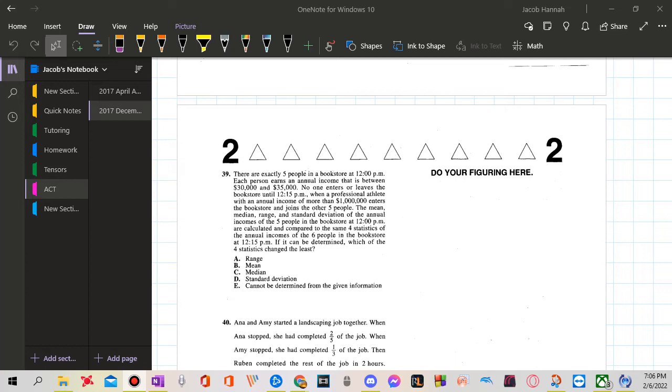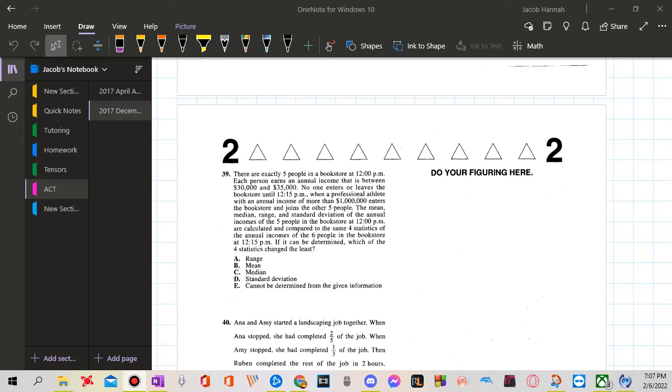If it can be determined, which of the 4 statistics changed the least? Well, the range, median, mean, and standard deviation of a set of data really help explain how the data is confined.